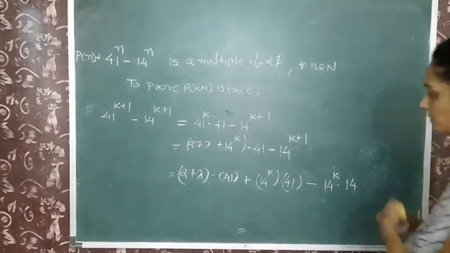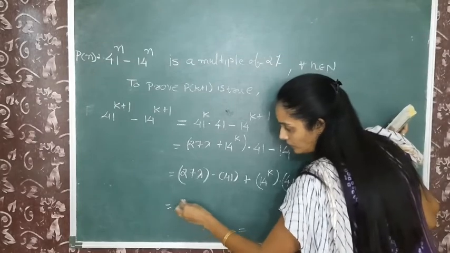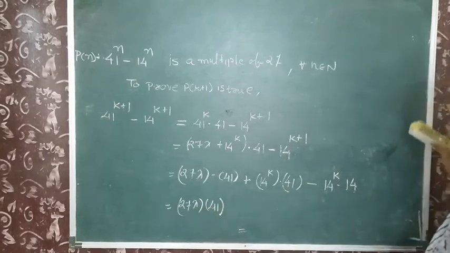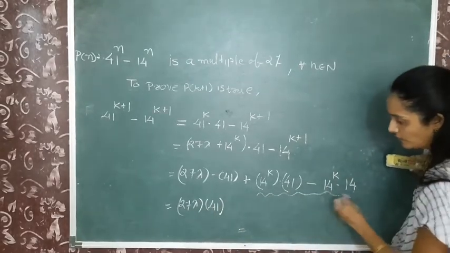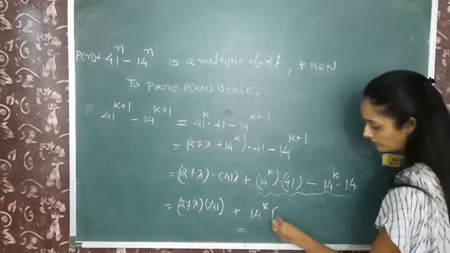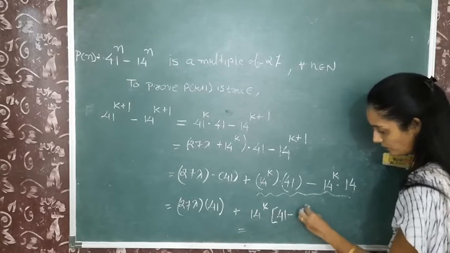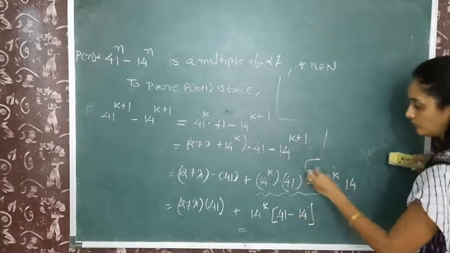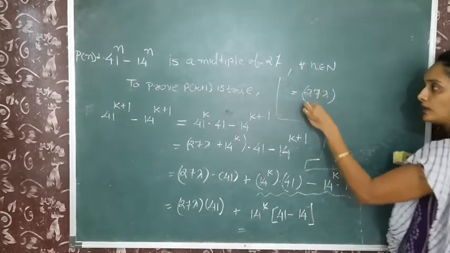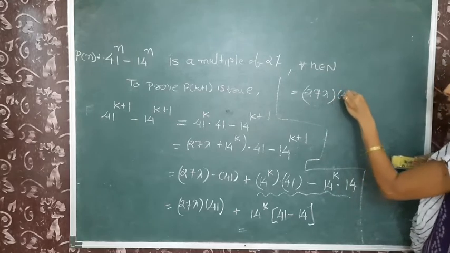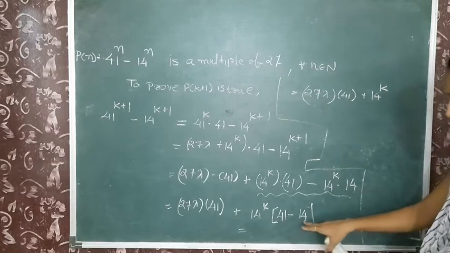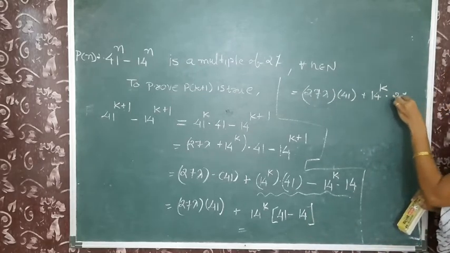Okay, now you can see 27 lambda into 41, and from these two terms we can take 14 raised to k as common, so here 41 minus 14, so we have 27 lambda into 41 plus 14 raised to k into 41 minus 14, so 27.